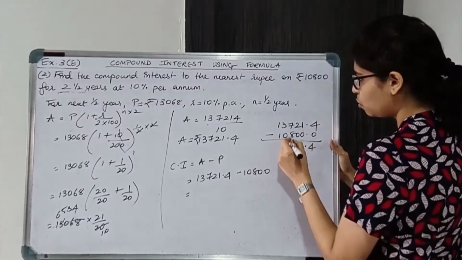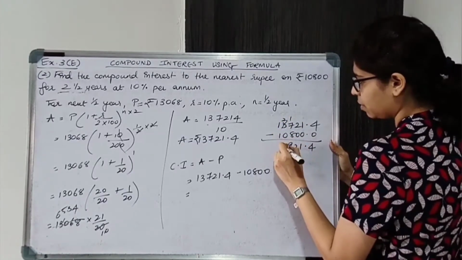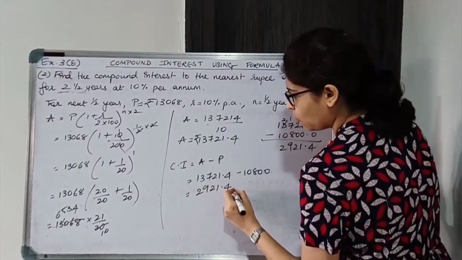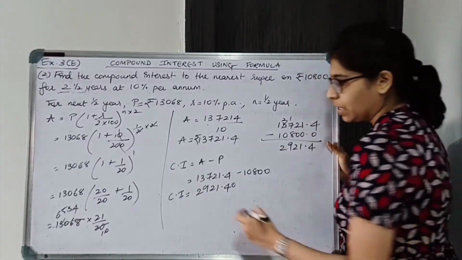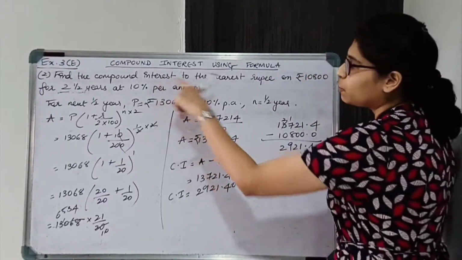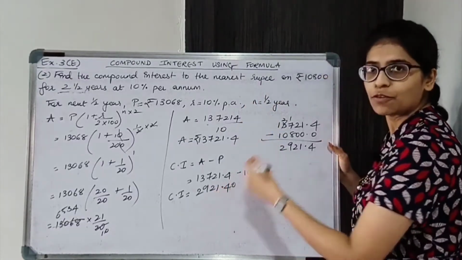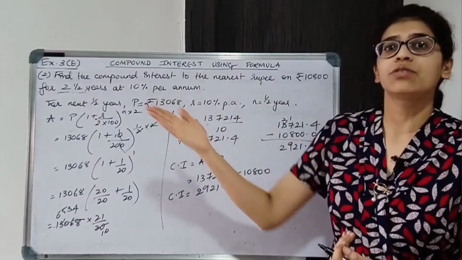So we'll get 2921.40. Okay, now we are getting a decimal and we have to round it off to the nearest rupee. So it is like 40 paise. 40 paise is closer to 1 rupee or to 0? It will become closer to 0.